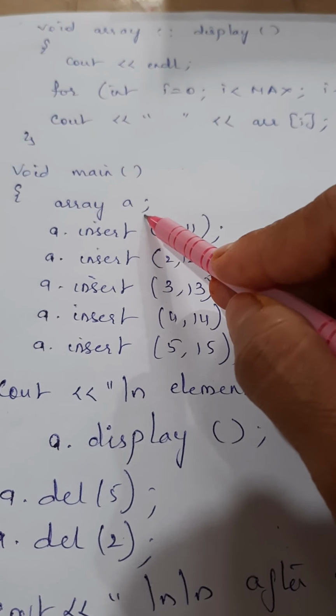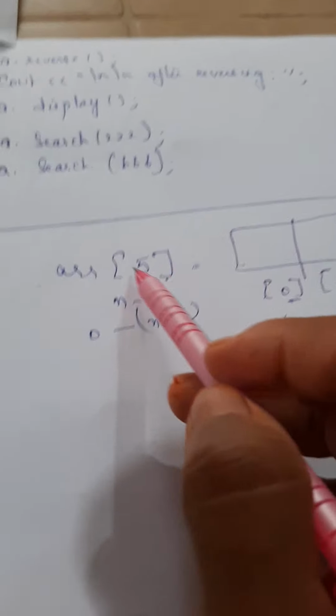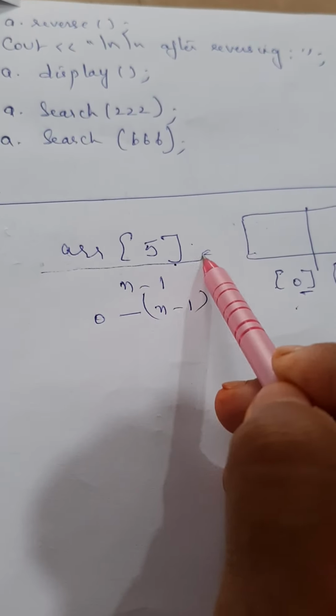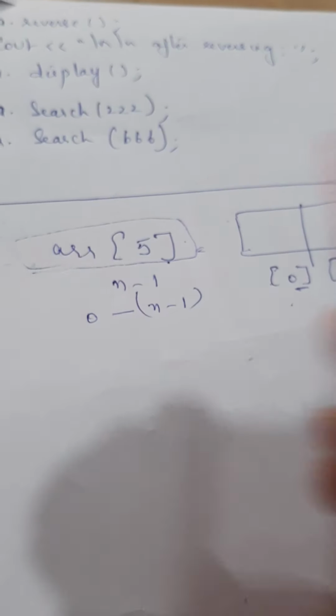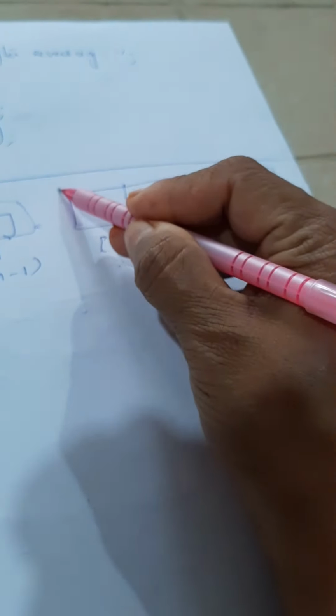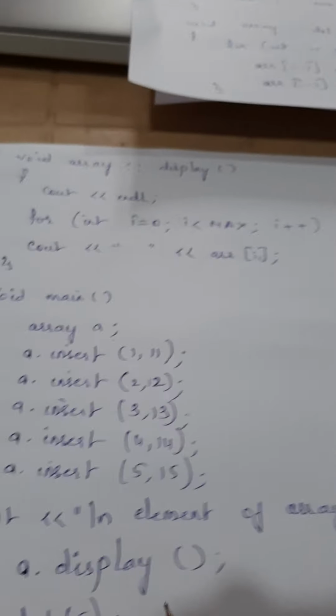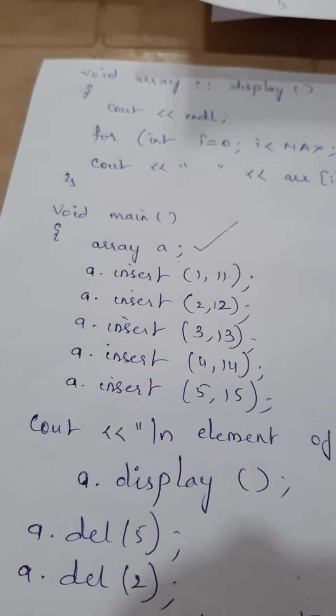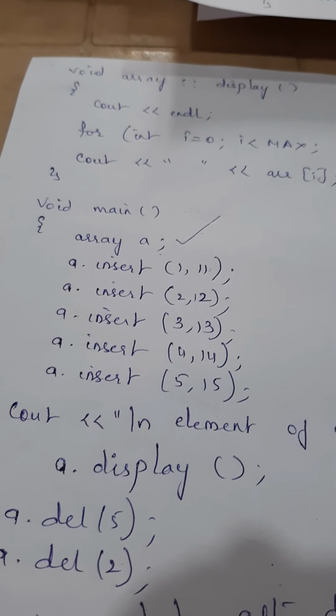So what is the memory that they require? They require a memory array of 5 here. So 5 elements are to be placed inside the memory location. This memory location gets created when you create an object for that particular class. So this object will be used for creating the memory location.